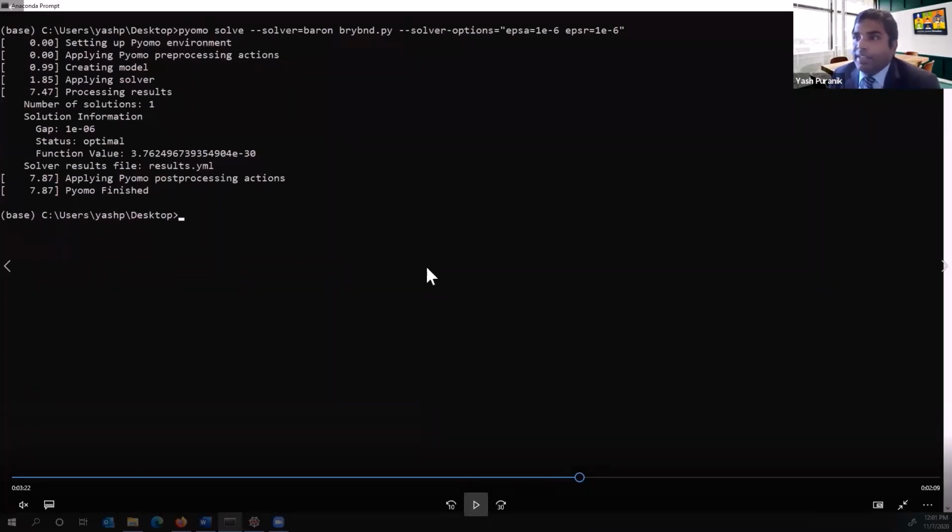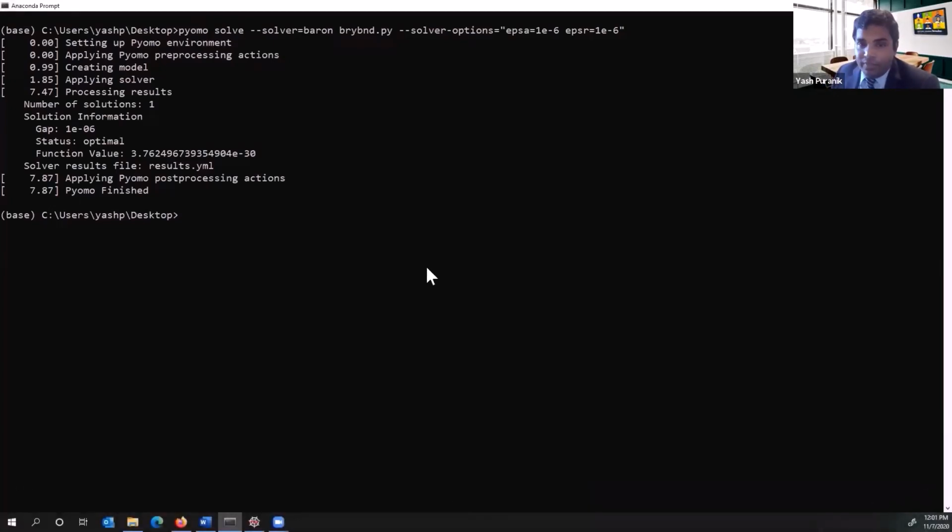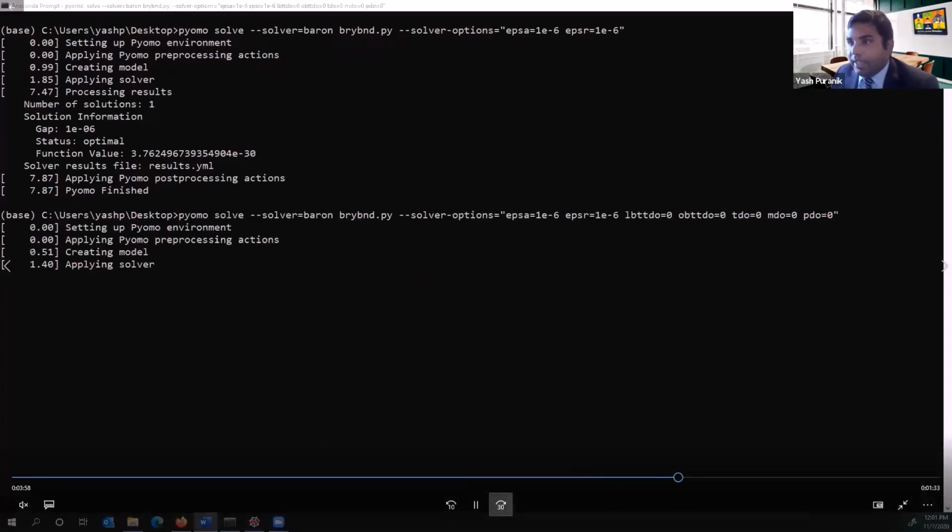See that BARON was able to solve this problem very, very quickly, in a matter of a couple of seconds after Pyomo created the model. So that's great. And the main reason we're able to do this is because of the range reduction techniques that are implemented in BARON. So let's see what happens if we turn some of these techniques off. That's what I'll do next.